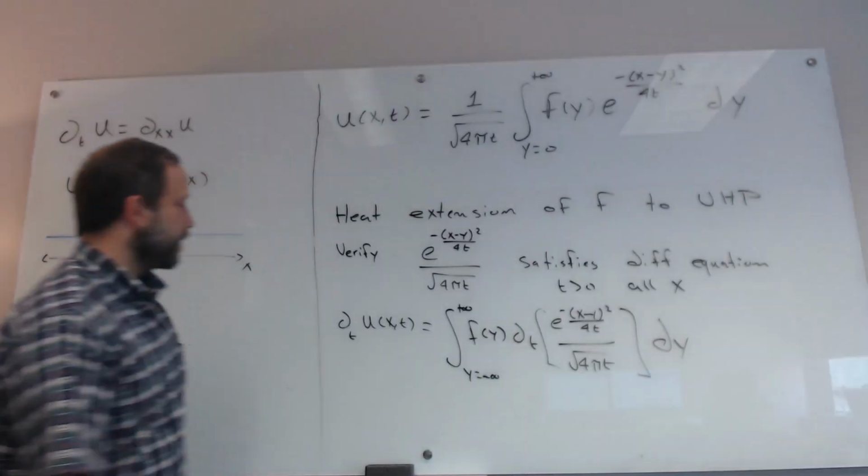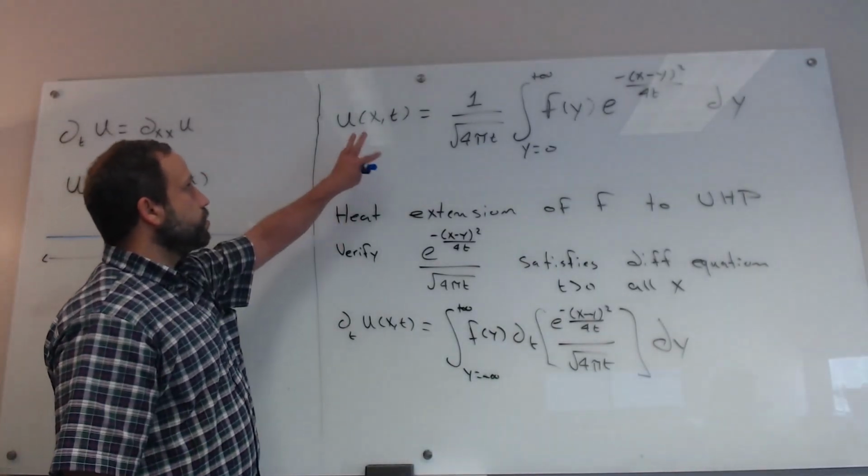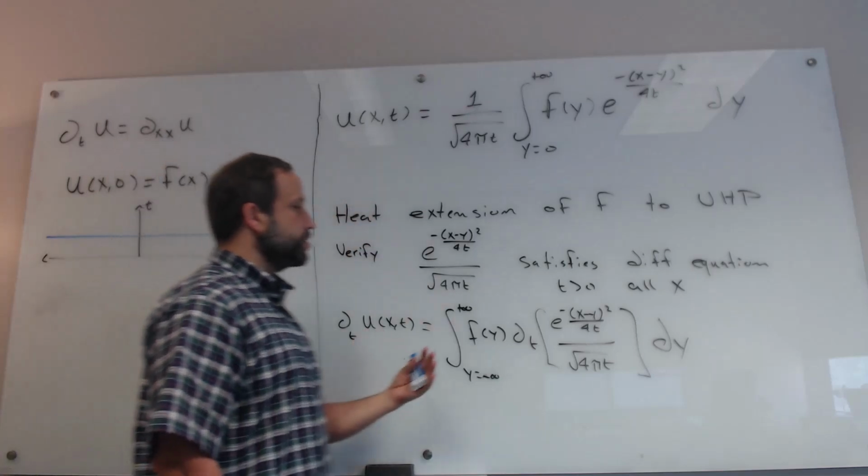In other words, the t derivative should be on the outside of the integral, and we want to show we can pass it in.